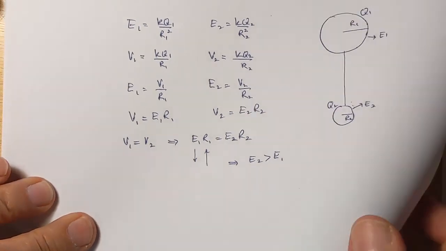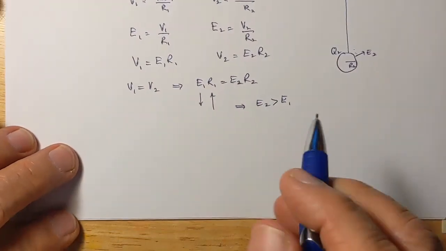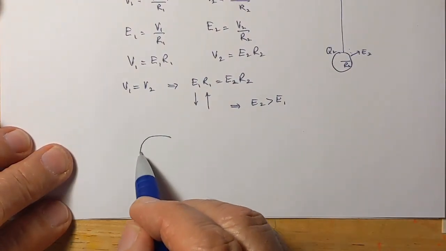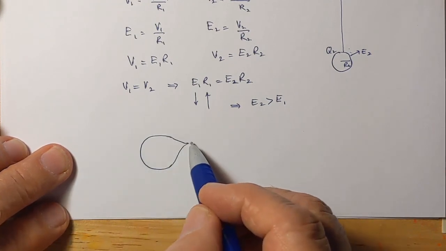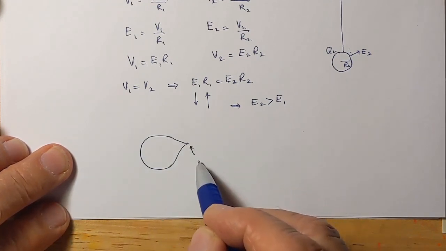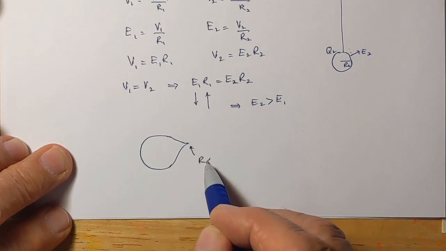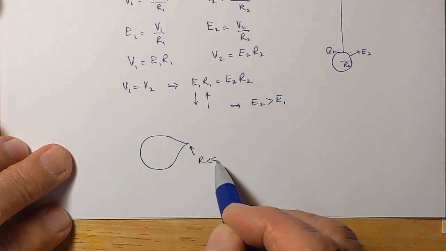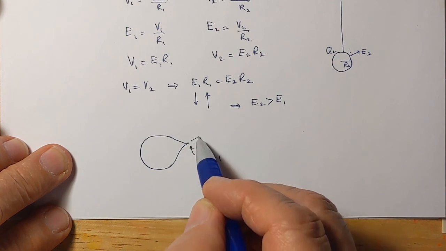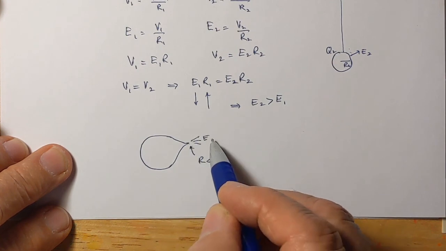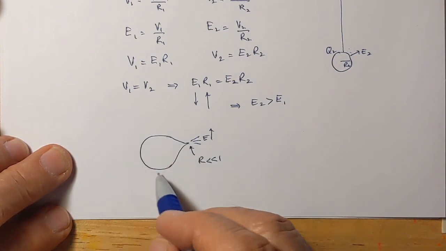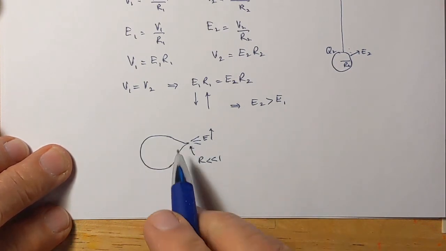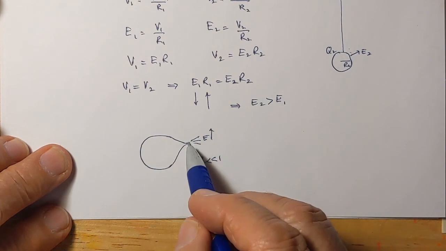Ultimately, if we consider a non-spherical surface having a point, then at that point the radius of curvature is very, very small, and so the electric field here will be very, very high. If you add enough charge over here so that there's going to be a spark, then the spark will take place over here.